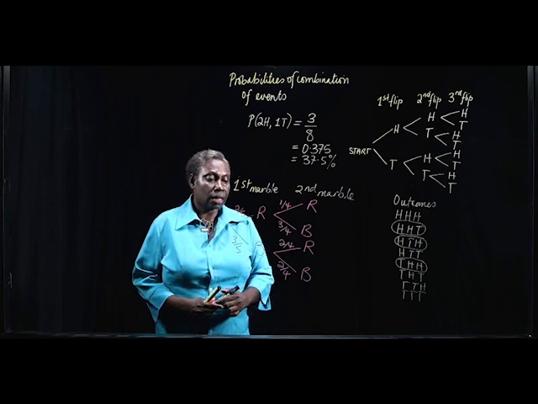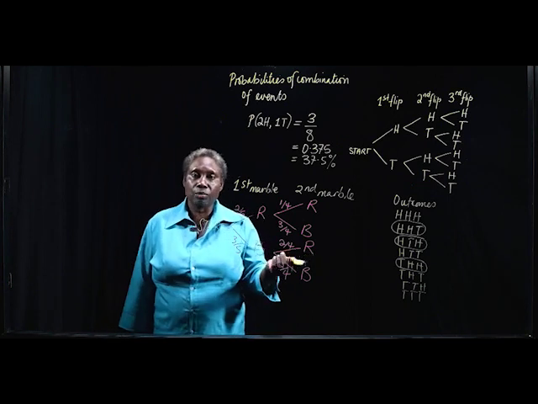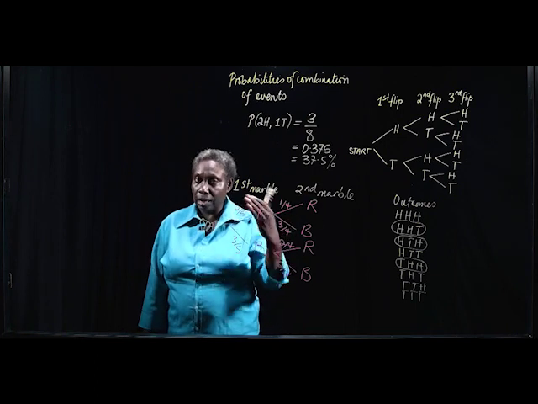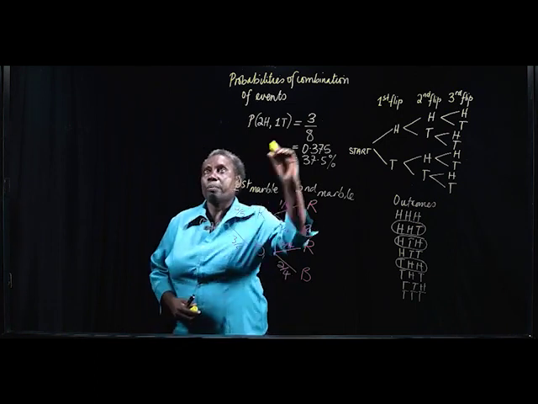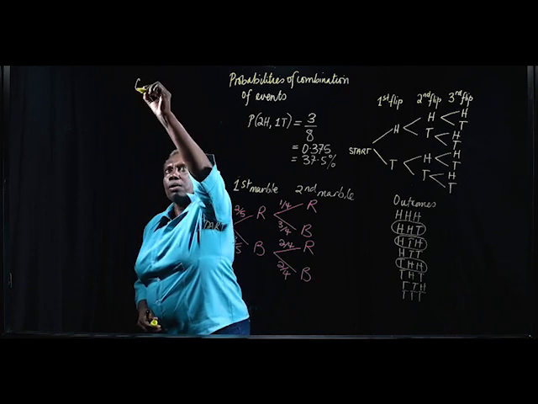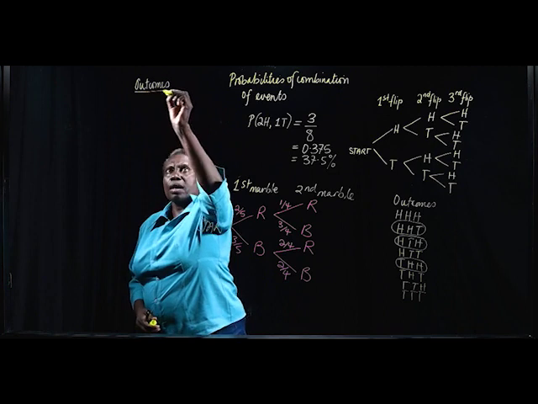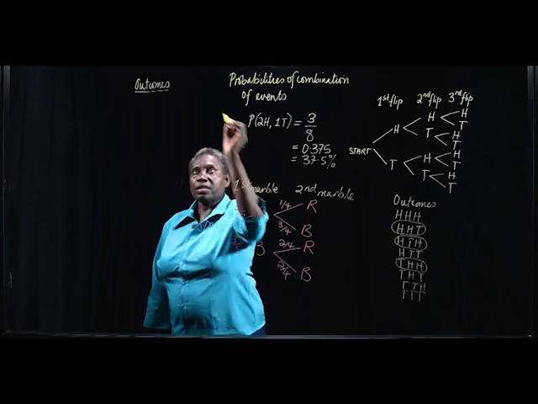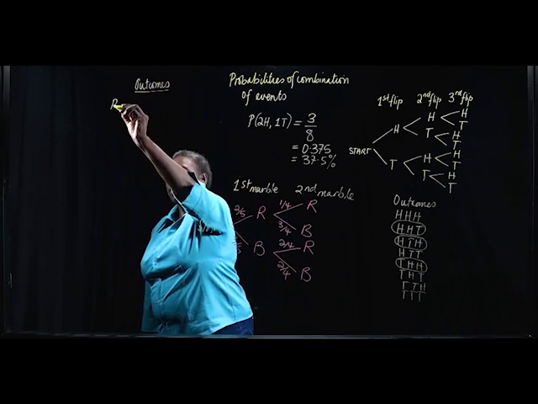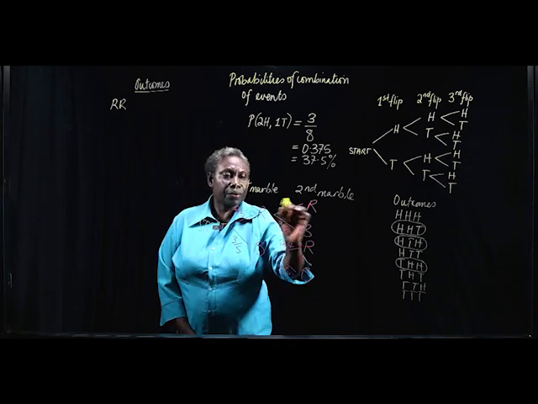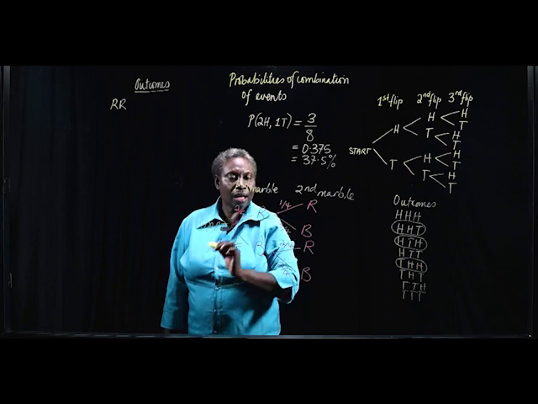Then I look at the total possible outcomes of selecting 2 marbles randomly. So my outcomes are going to be written here. So I have the outcomes here. First, I have RR if I am going to follow this tree diagram, I look at the first branch, that's RR.